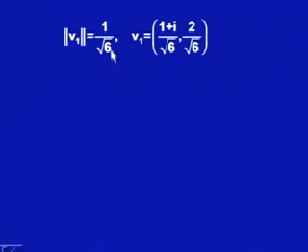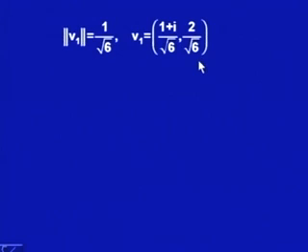And v1 is 1 plus i by root 6 and 2 by root 6, because the magnitude of v is root 6. So, v1 is a row vector with this as the first component and this as the second component.